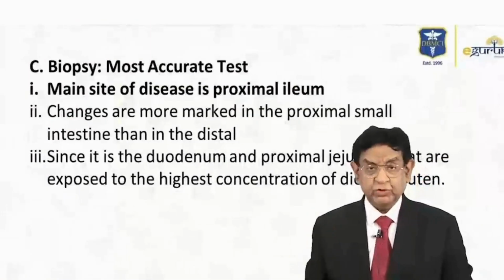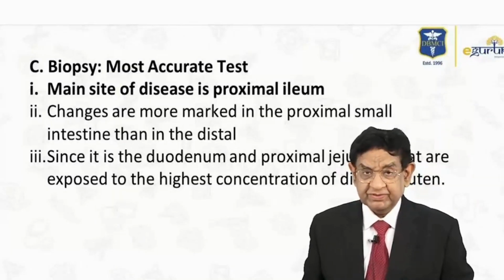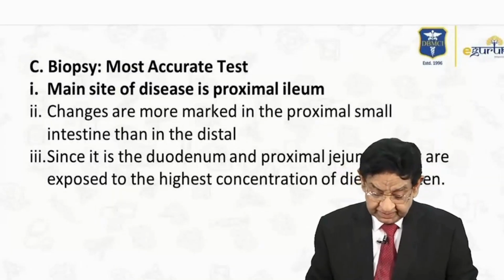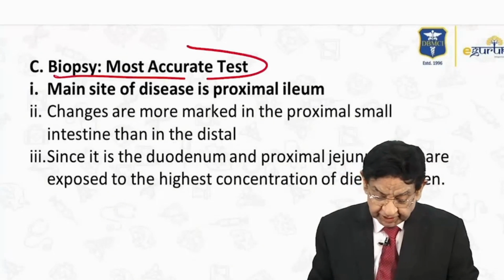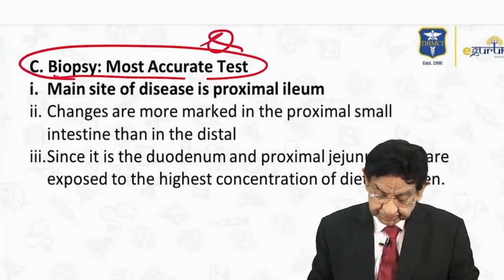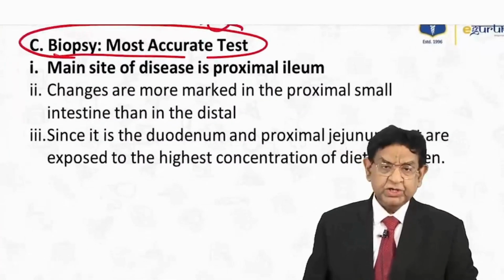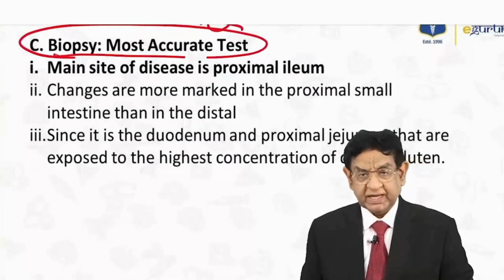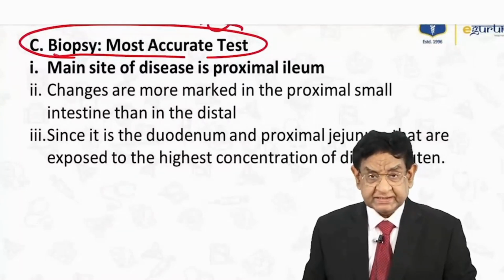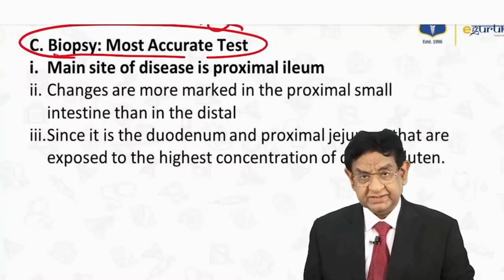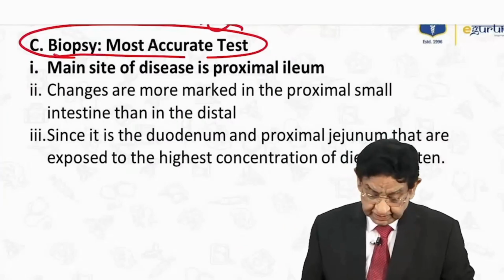We have done the endoscopy, so definitely biopsy is the most accurate test. Point to be noted, I talked to you regarding antibodies, but I also told you they are screening tests, they are not diagnostic tests. Okay.